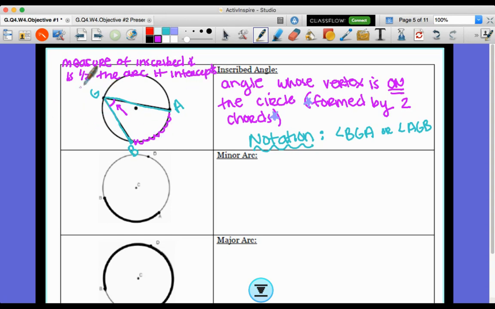Okay, so what this means is that the measure of angle AGB equals 1/2 the measure of, let's use that notation, arc BA. Neat. Right, and that's a bit of an extension on it.